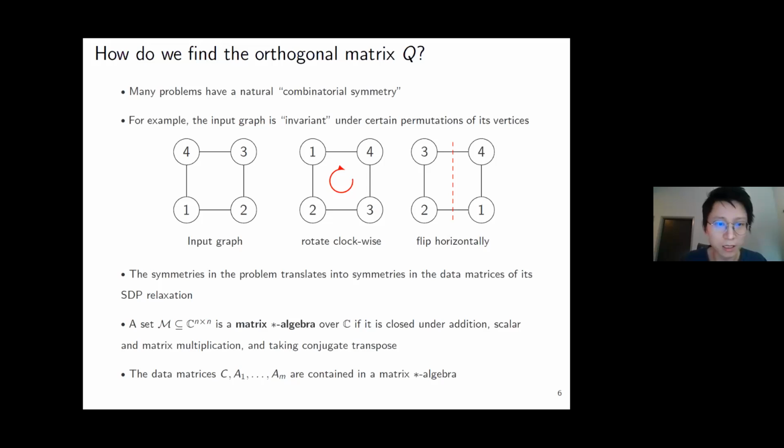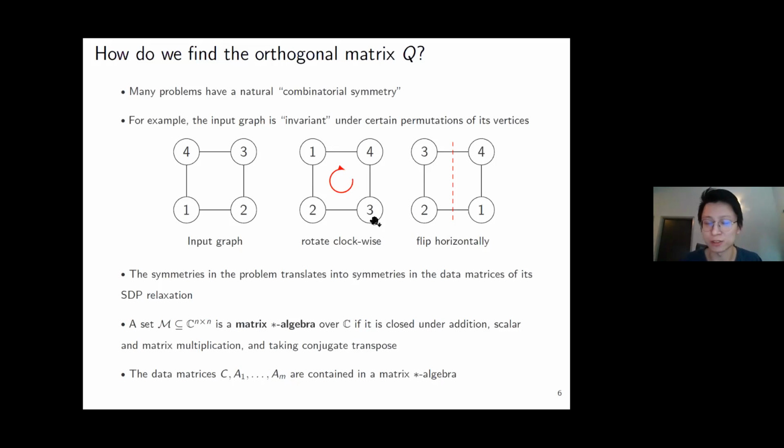For example, if you take a cycle with 4 vertices and rotate it clockwise, you get the same graph. It's still a 4-cycle. If you flip horizontally, you still get a 4-cycle. So this graph is invariant under these 2 permutations of its vertices.